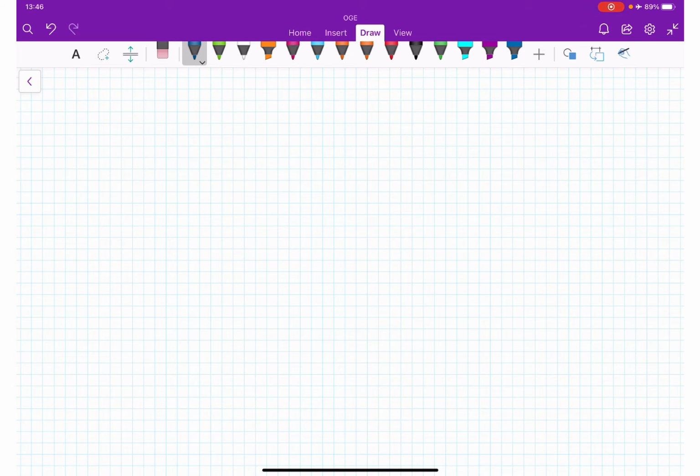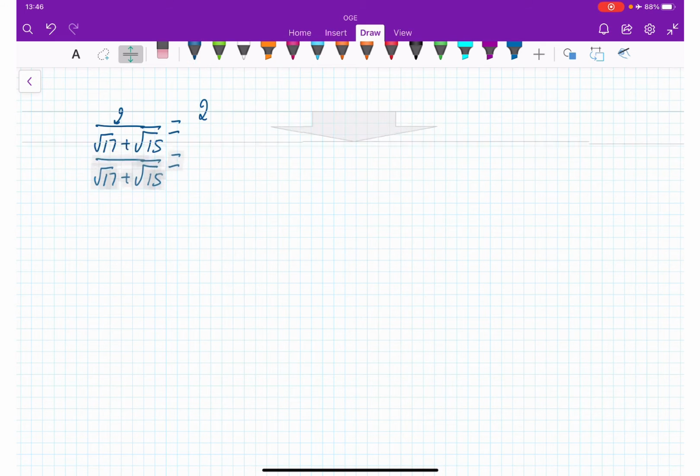Now let's move to rationalize the second part of the expression, which is 2 over square root 17 plus square root 15. Let me move it down.